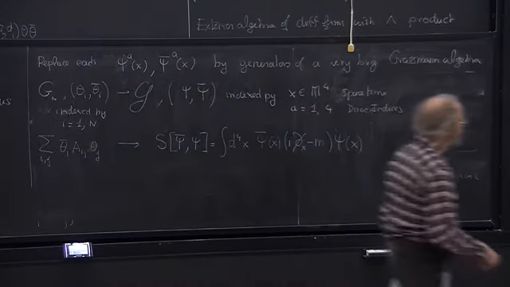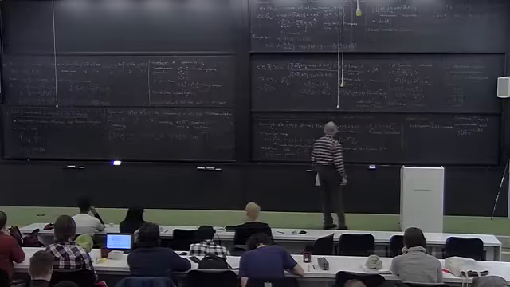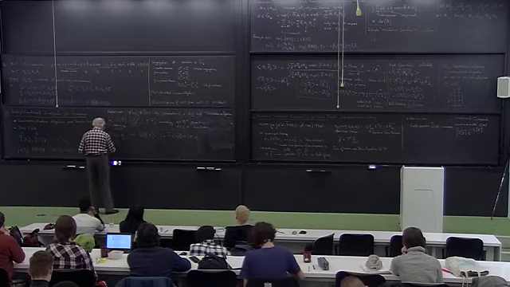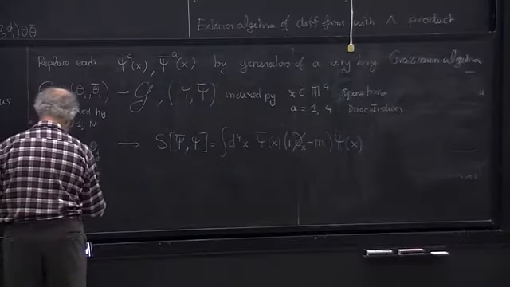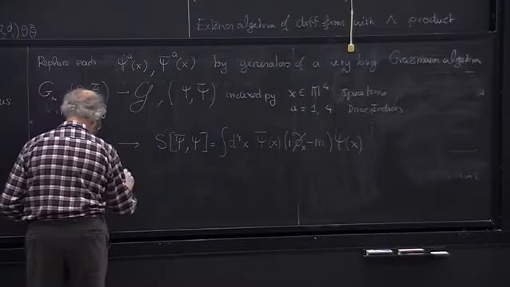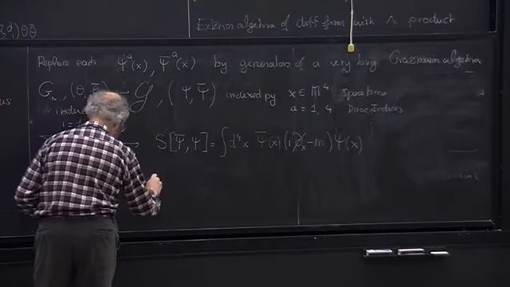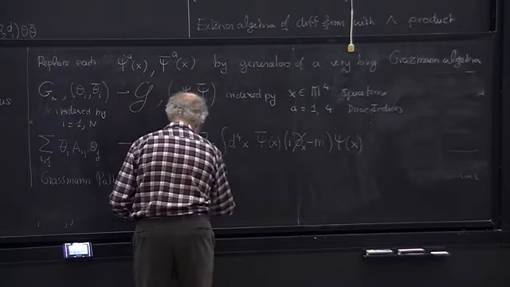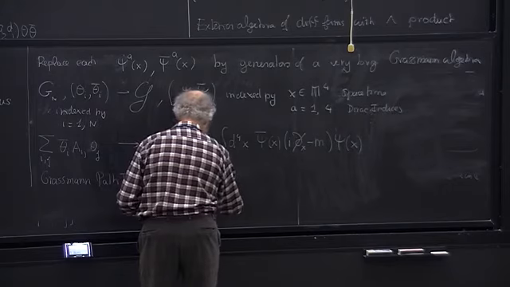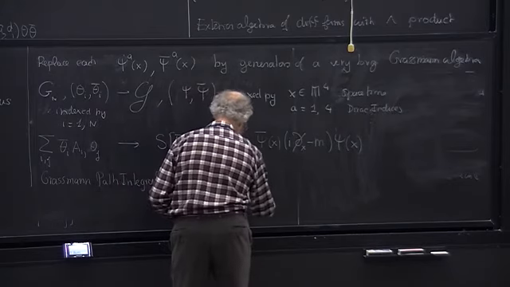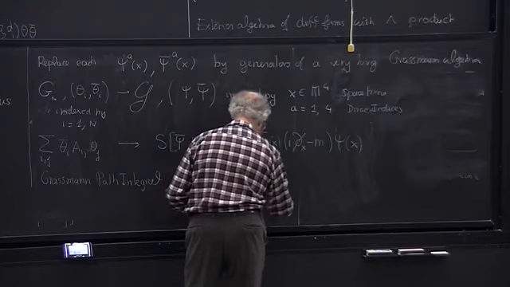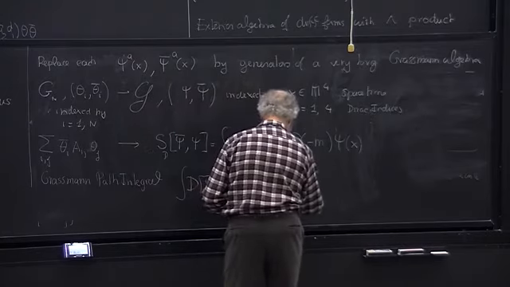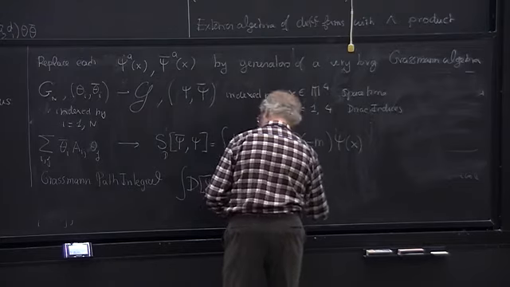And now let's define the analog of exponential minus S of phi by defining a fermionic path integral, a Grassmann path integral, which is just the integral d psi bar d psi exponential of i times the Dirac action of psi bar and psi.